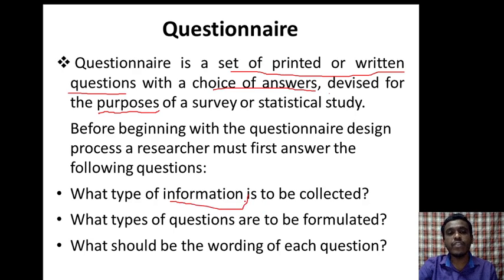The type of information that is to be collected has to be decided first. Then, what are the types of questions to be formulated? There are different types of questions. It might be a straightforward question like a yes no question, or it might be a scaled question: very happy, happy, neither happy nor unhappy, sad, very sad, kind of a thing.